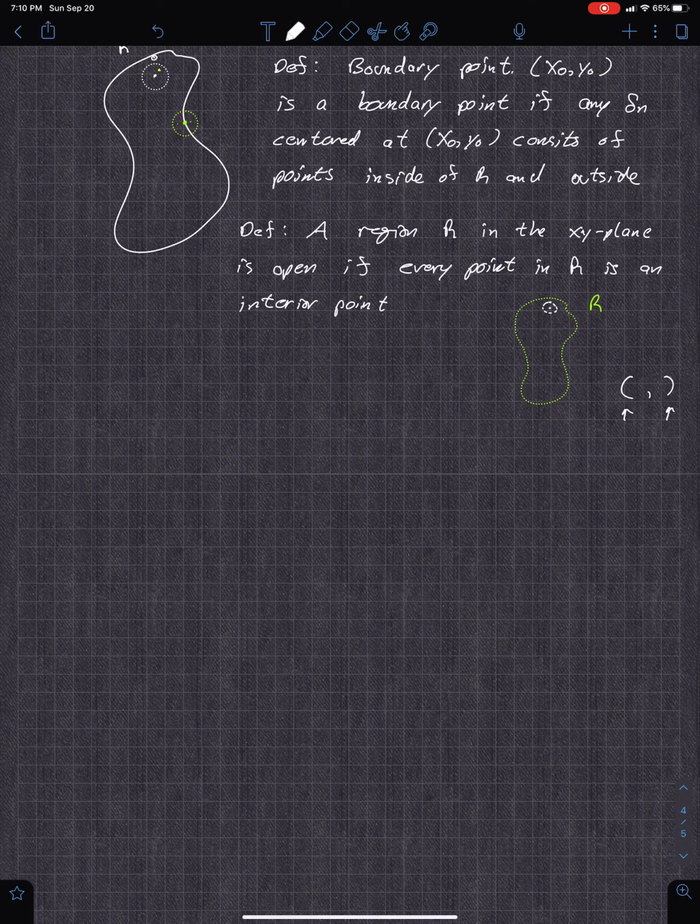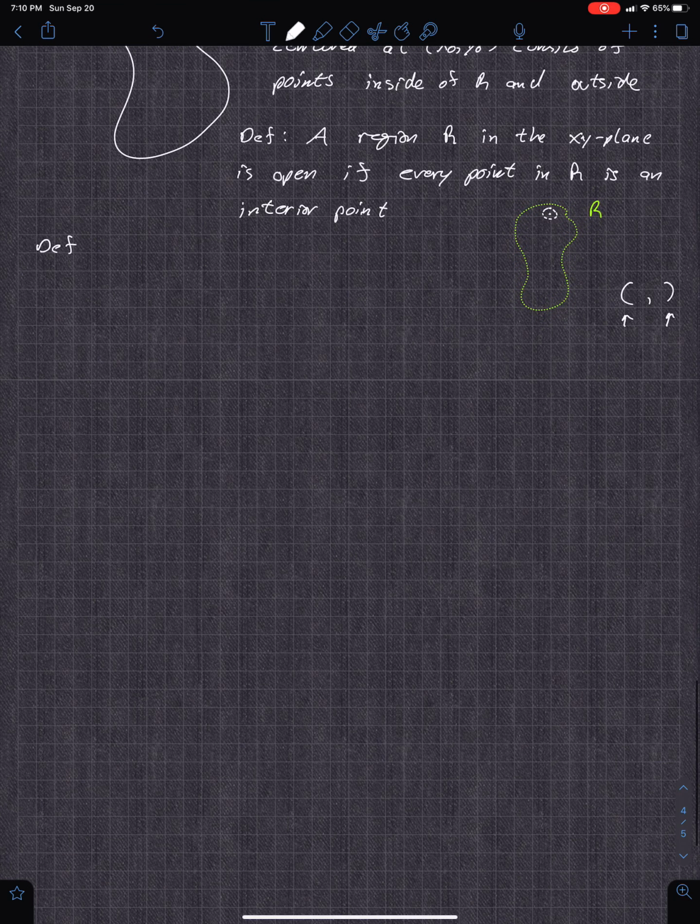And then after that, one more thing is closed. So definition: a region R is closed if it includes all of its boundary points. So we have to define the region somehow.